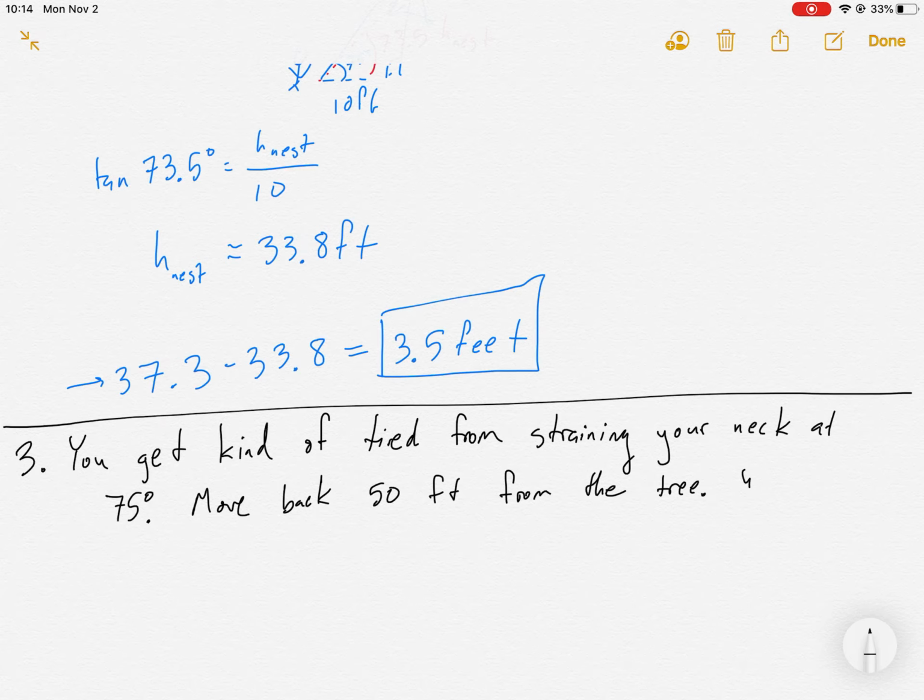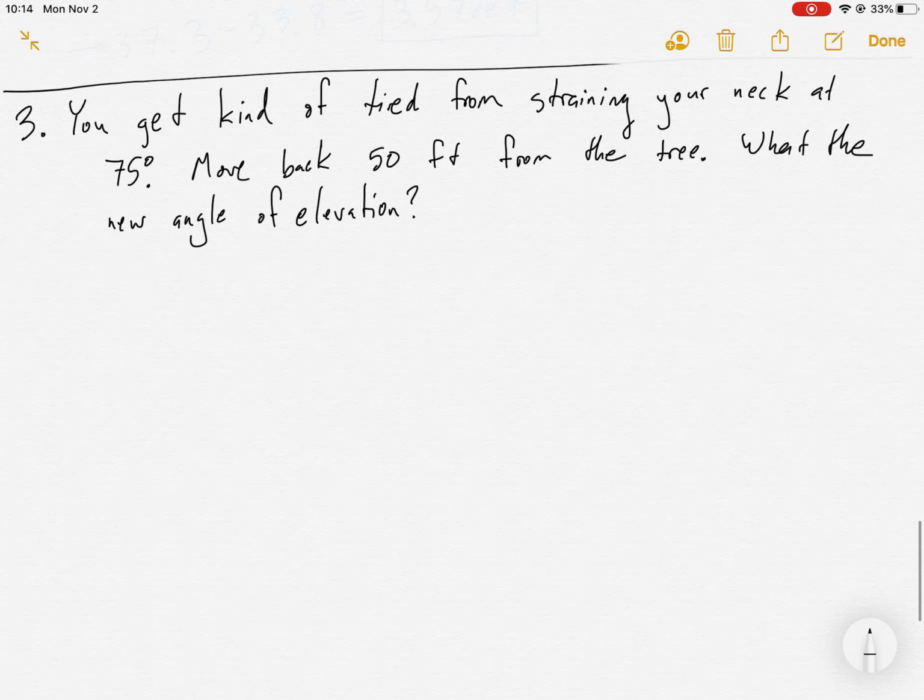And so what is the new angle of elevation? So when you see this idea of angle of elevation, that means if you're looking at the horizon, what is this?